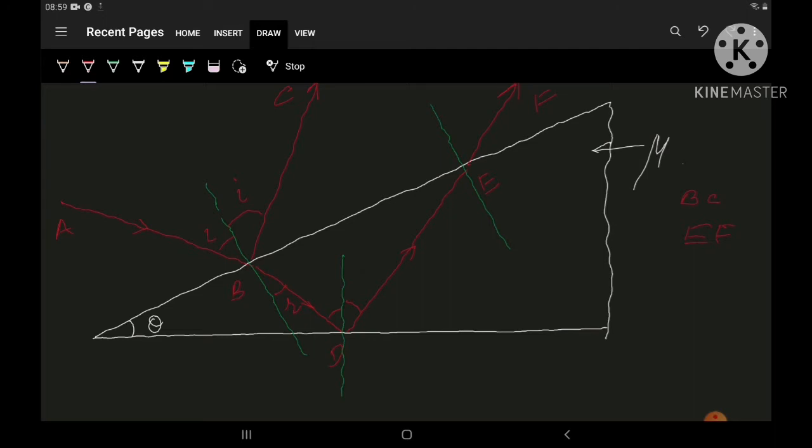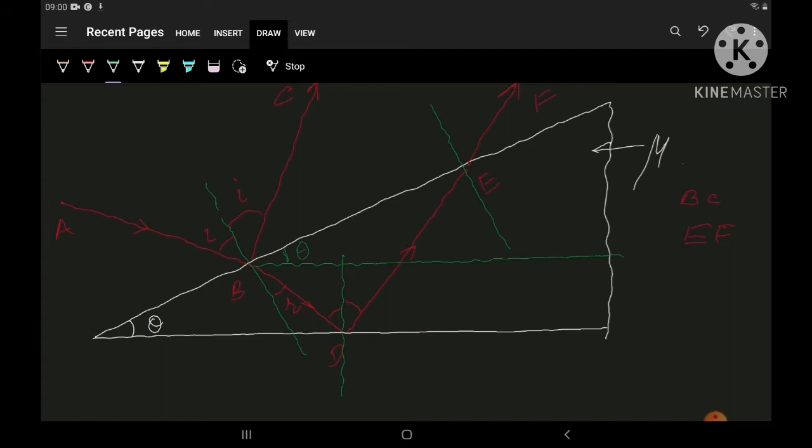So now let us draw a parallel line from point B which is parallel to the lower surface. Suppose this is a line drawn from point B and also parallel to the lower surface of the wedge shaped film. So here this angle will be equal to the wedge angle theta.